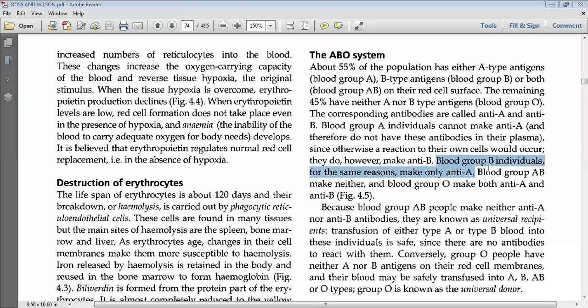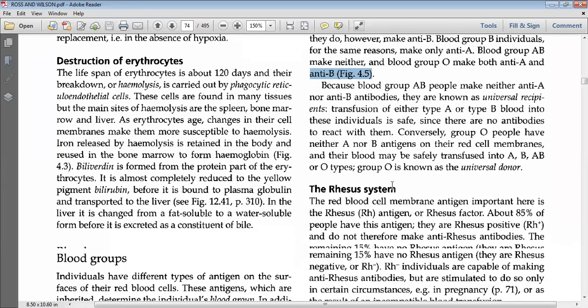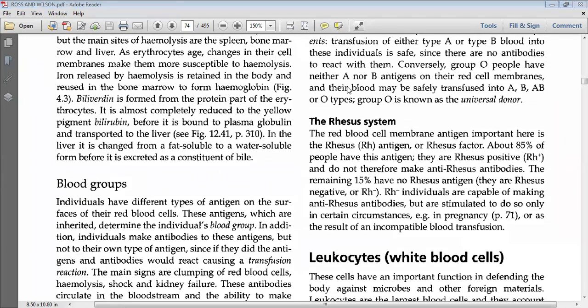Now blood group AB makes neither antibody A nor antibody B, and blood group O makes both antibody A and antibody B. This can be seen easily with the diagram that we are going to see here.